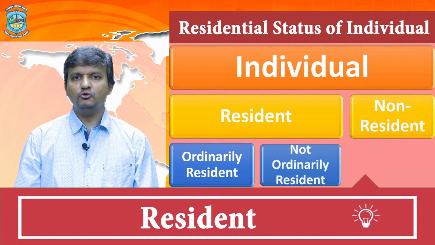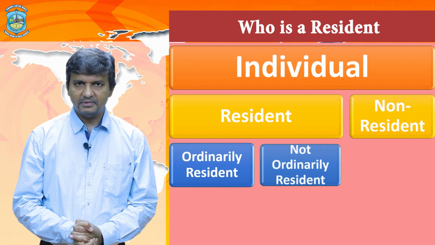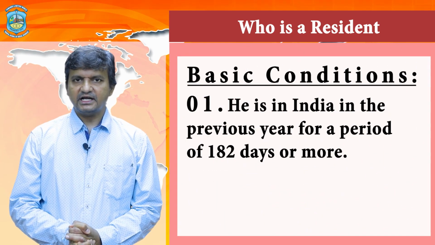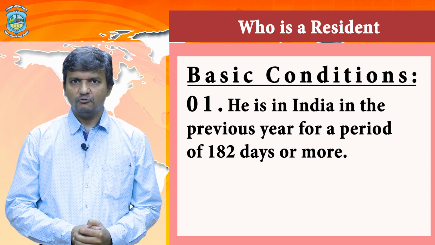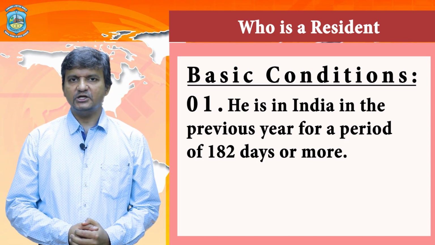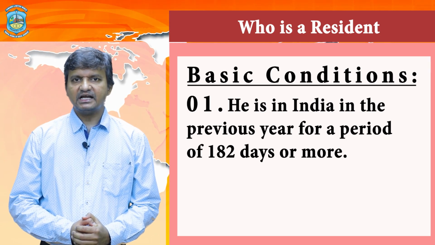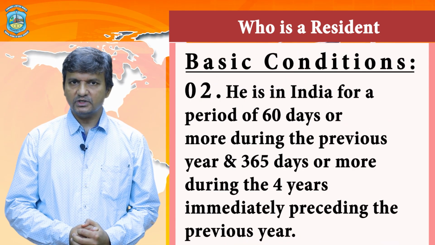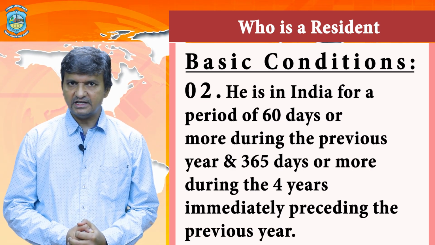So very first thing is we need to become a resident. So now how do we become resident? There are two basic conditions for becoming a resident. First basic condition says an individual needs to be in India for a period of 182 days or more during the previous year, which is 18-19. And the second basic condition says an individual needs to be in India for a period of 60 days in the previous year.